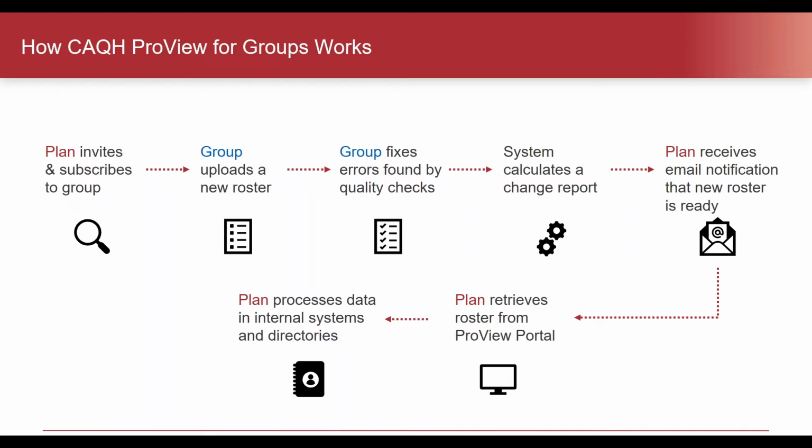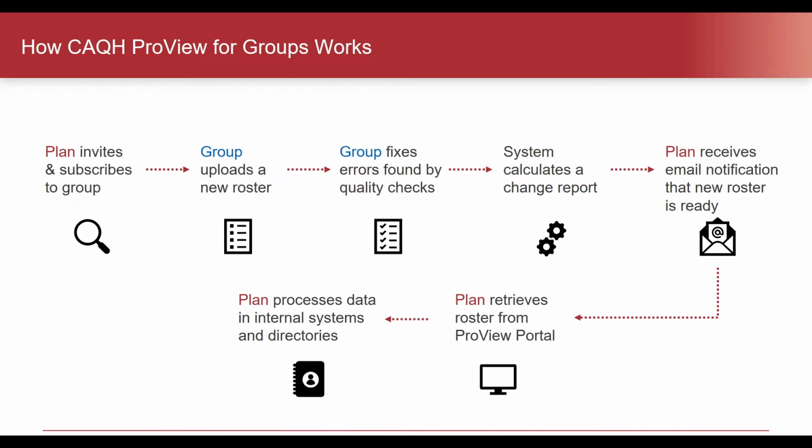We'll get into the details of what this roster looks like, but it is a standardized roster for all health plans to receive. The group is forced to fix any errors found by a large sample of 120 quality checks with that standard roster before they'll actually be able to submit it to the system. Once they've submitted it, we auto-calculate a change report, removing the burden from the group to maintain a separate change report from the full roster.